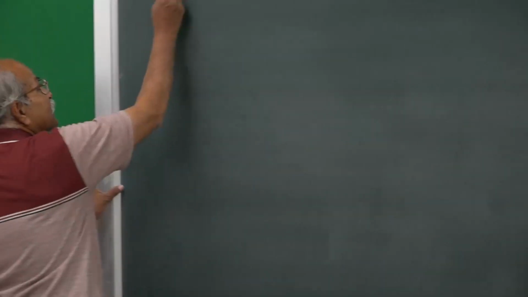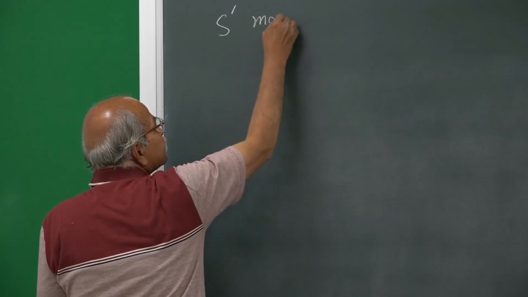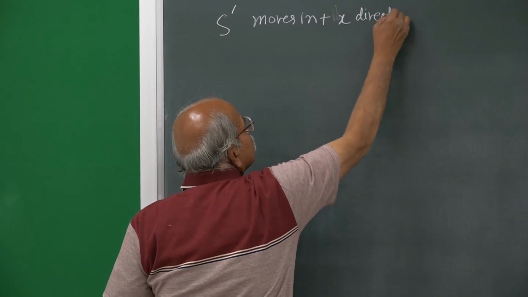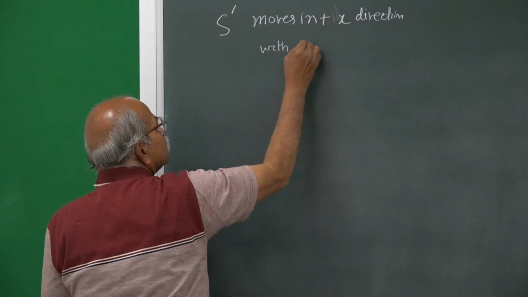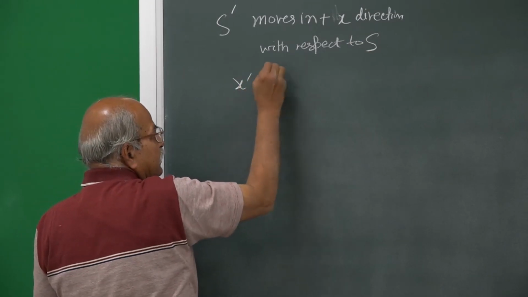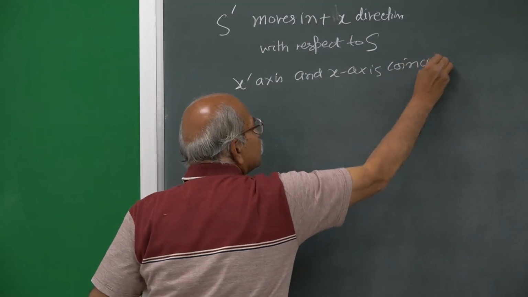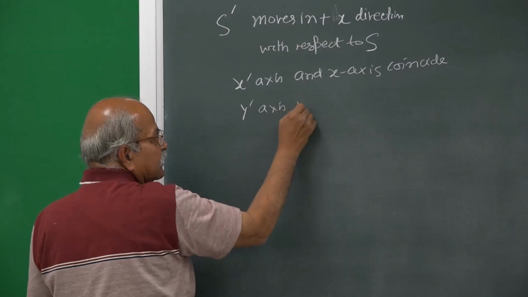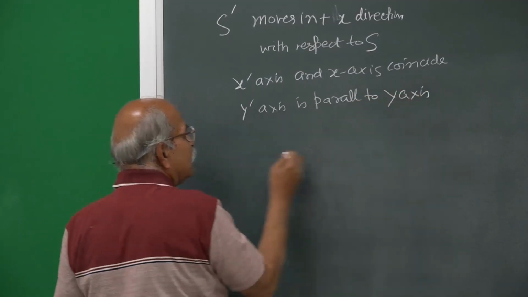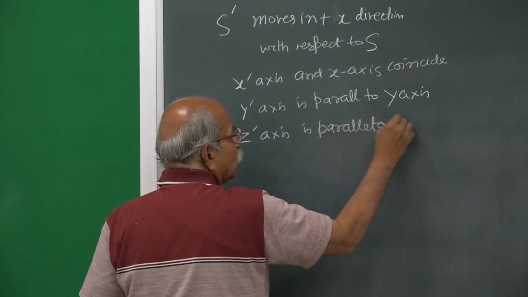From the very beginning I have said that whenever I use S prime, I will have this convention that S prime moves in the positive x direction with respect to S, then the x prime axis and x axis coincide all the time, then the y prime axis is parallel to the y axis all the time, and of course the z prime axis will be parallel to the z axis all the time.